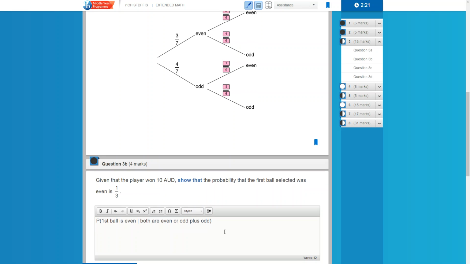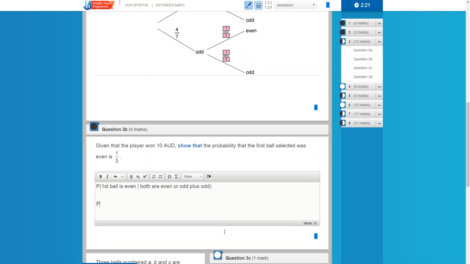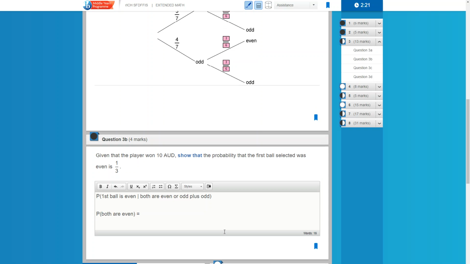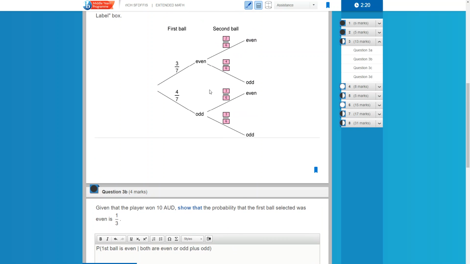All right. So first, let's work out the probability both are even. How do we do that? Even plus even. So I'm looking along this line here, and I'm moving in this direction along the probability tree. I'm not adding, I'm multiplying. Okay, they're independent events. So if it's even, I'm multiplying.